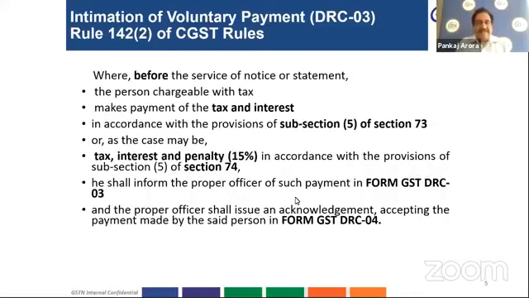In that case, the taxpayer will pay the tax amount plus interest and penalty of 15% and inform the proper officer of such payment in form DRC 03. After getting that intimation, the proper officer shall issue an acknowledgement in form GST DRC 04.